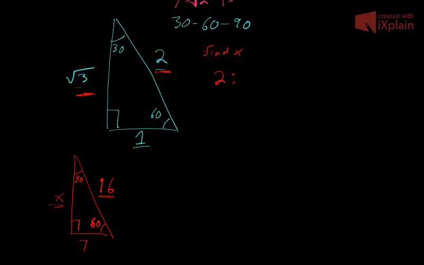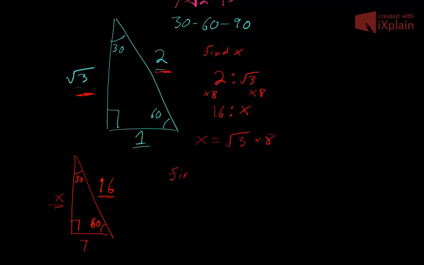So 2 to the square root of 3 has to be the same as 16 to x. So to get from 2 to 16, I would multiply by 8. From root 3 to x, I would also therefore have to multiply by 8. I would end up with x equals root 3 times 8. Just like that, I'm done.